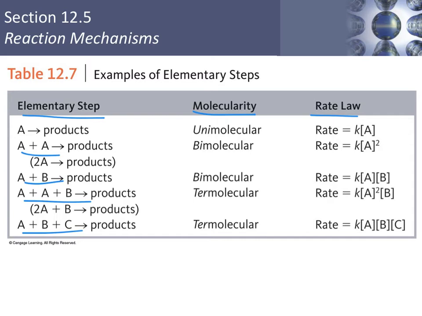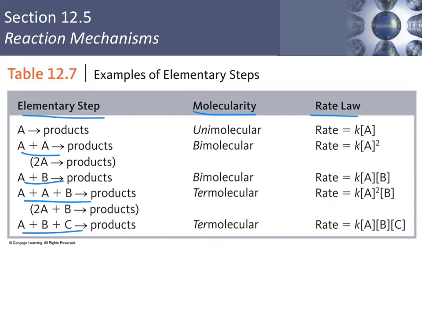Take a look at the rate laws for each of the different types of elementary steps. For unimolecular with one reactant, our rate law shows first order with respect to A. For bimolecular, our rate law is showing second order with respect to A when both reactants are A.